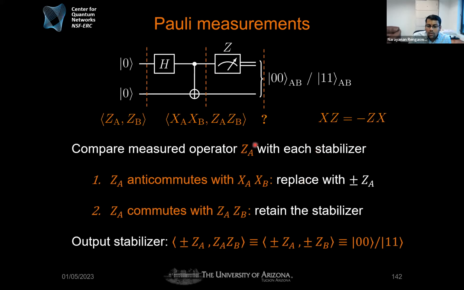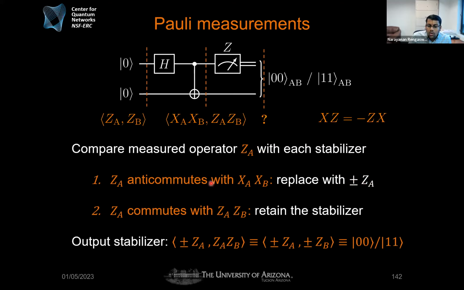And so whenever the measured operator anti-commutes with a stabilizer, the first operator that anti-commutes, you replace it with the measured operator. So you kick away this XAXB from the stabilizer group. You replace it with ZA and the sign of the measurement result that you got. If you got a +1 result, you get plus ZA. If you got a -1 result, you put minus ZA.